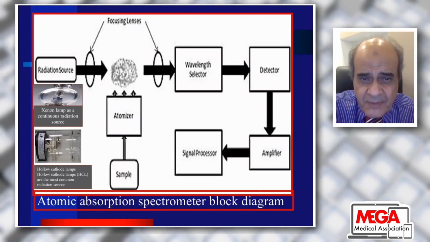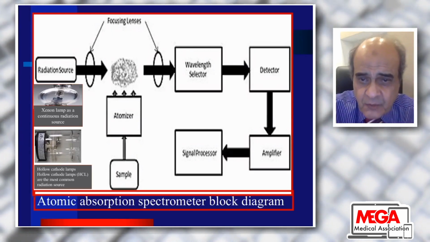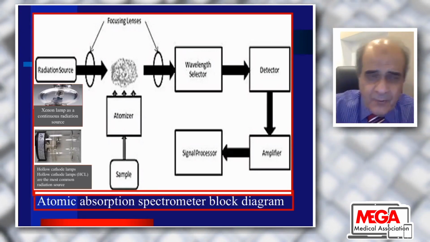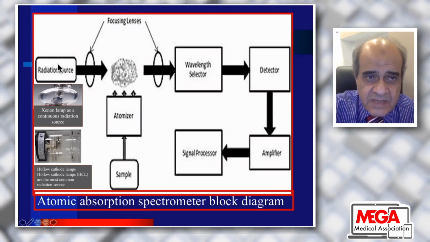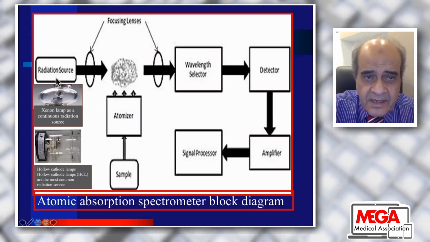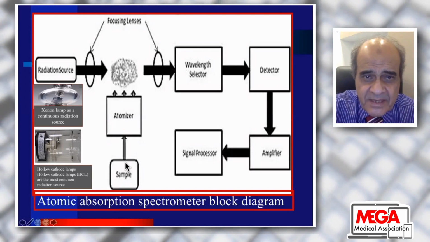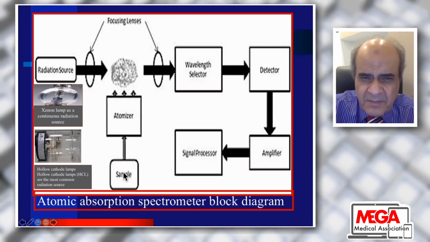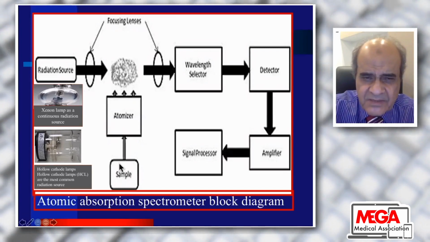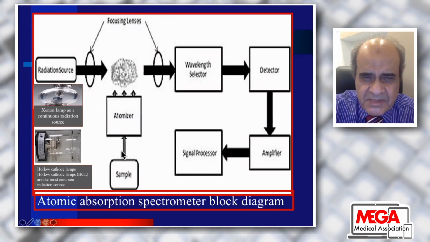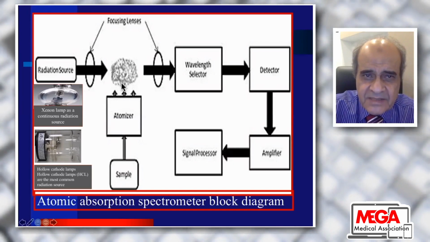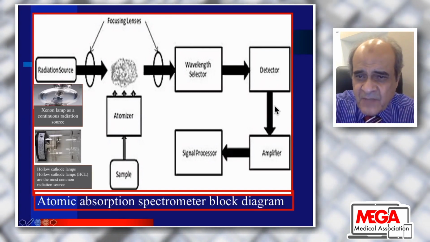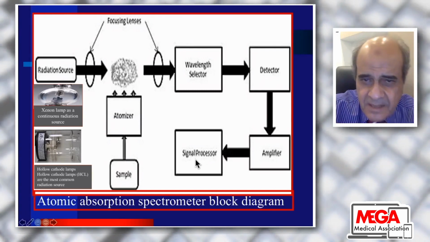This is an atomic absorption spectrometer block diagram to show us how we measure the trace element in the lab. We depend on a radiation source like a xenon lamp or cathode lamp, and this is the sample here. The sample, maybe 0.1 ml, is put in a tube and subjected to different temperatures and atomization, and the wavelengths from atomization are detected and calculated through an amplifier and signal processor after that.